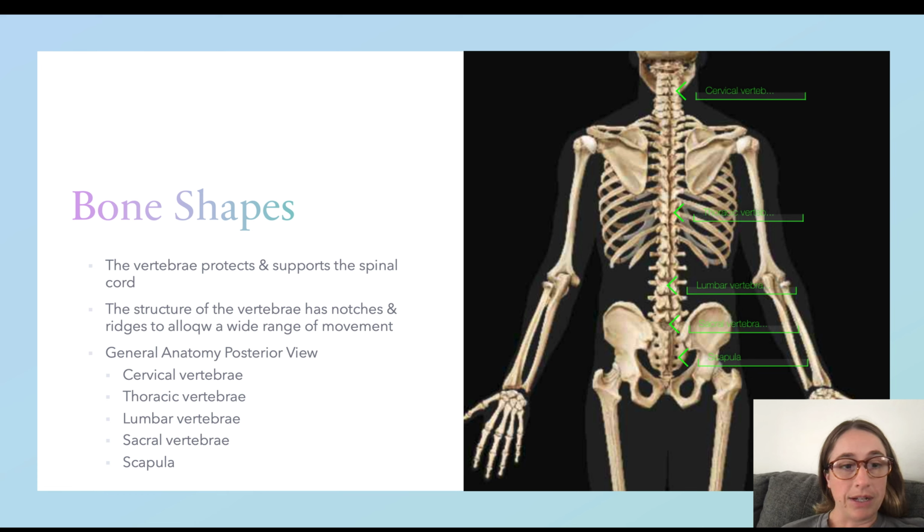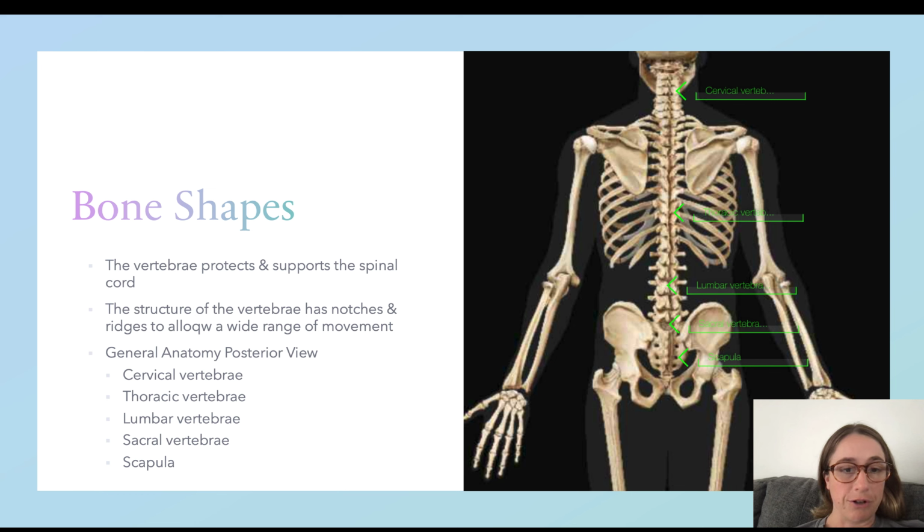And then we have the general anatomy posterior view, getting down, not just the skull, down to the body now. Really focusing on vertebrae here. The vertebrae protect and support the spinal cord.